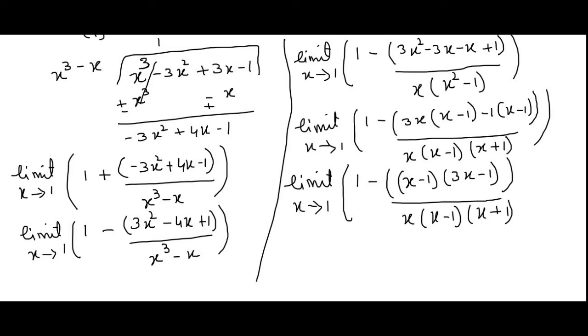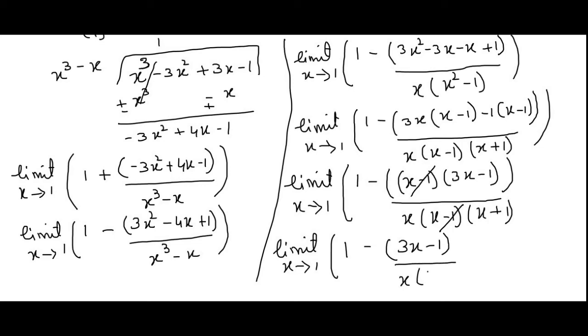Now we can simplify here. See, x minus 1 in the numerator and x minus 1 in the denominator, these can be cancelled. Limit x approaches 1, 1 minus (3x minus 1) whole divided by x plus 1.